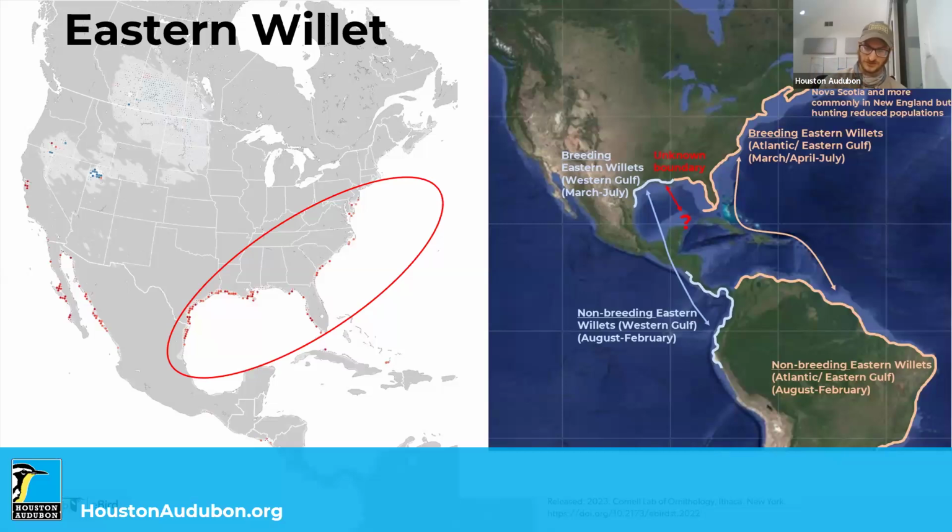What is a conservation concern is the fact that a lot of the estuary and mudflat areas in Ecuador and parts of Peru, mostly Ecuador, have been converted to shrimp farming and for salt harvesting. This doesn't seem like it would be an issue.